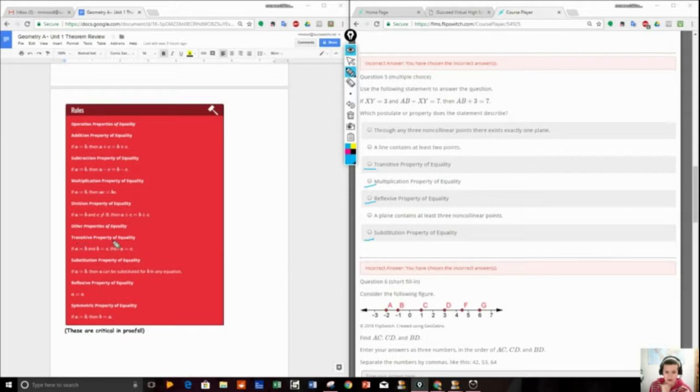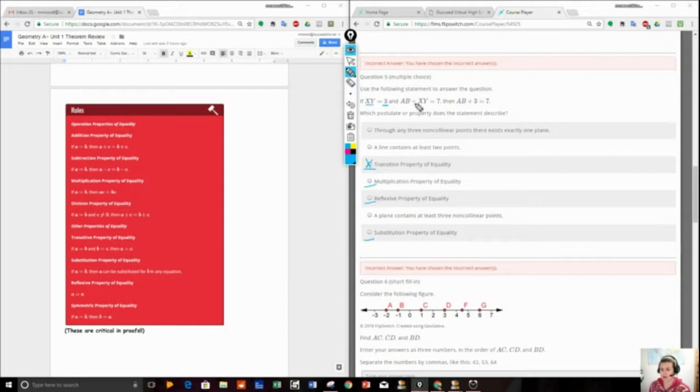So transitive property of equality: if A equals B and B equals C, then A equals C. So if xy equals 3, does 3 equal something else? No, it's not listed, so there's not a transitive property.